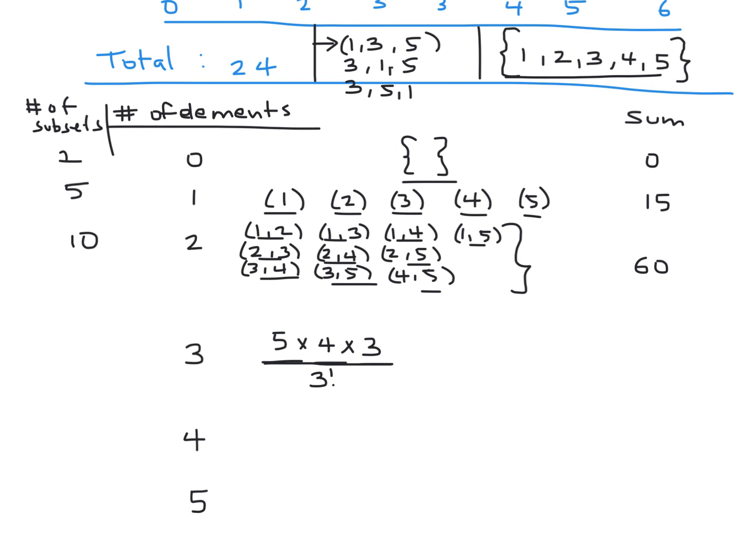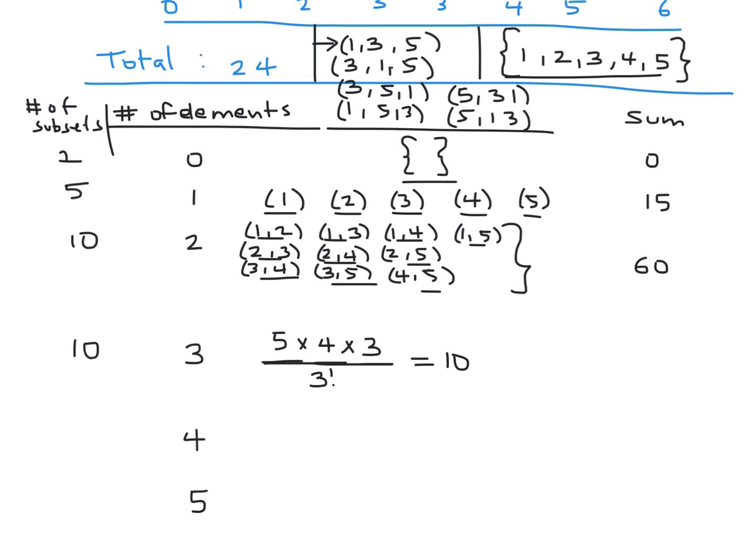I hope that makes sense. Let me just list them. 1, 5, 3, and then 5, 3, 1, and then 5, 1, 3. So you notice how one of these guys has 6 possible ways of writing, and all 6 are considered the same. So since there's so many doubles, you have to divide by that. And then when you do this, you get, I believe, 10. So that means that there's 10 of them.